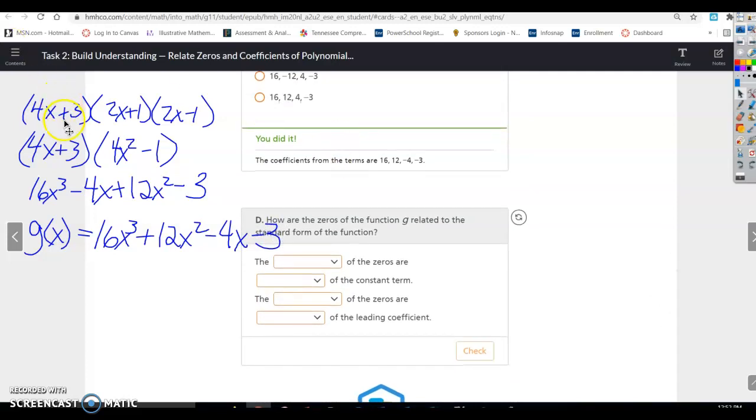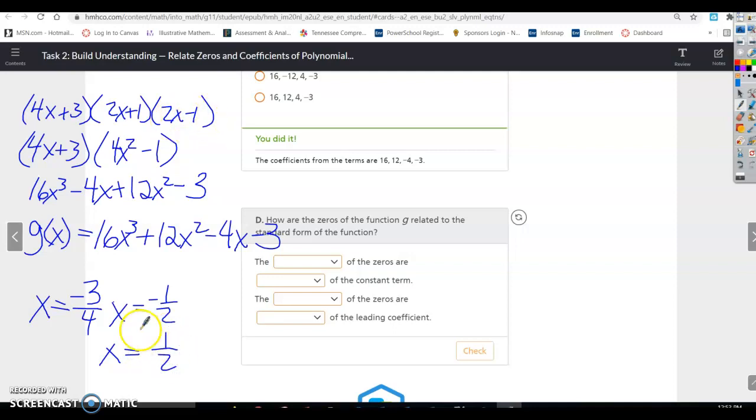When we solved these and I subtracted 3 and divided by 4, our zeros were negative 3/4, the next one was negative 1/2, and the third one was positive 1/2.